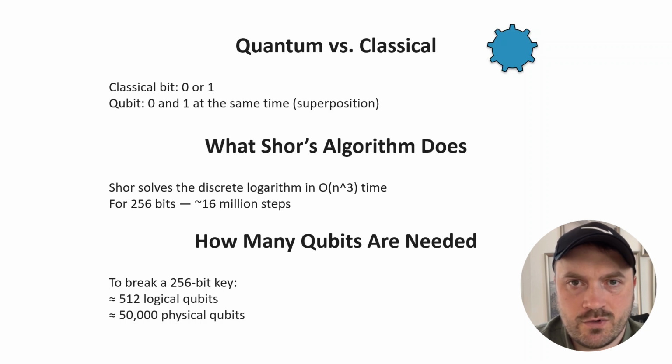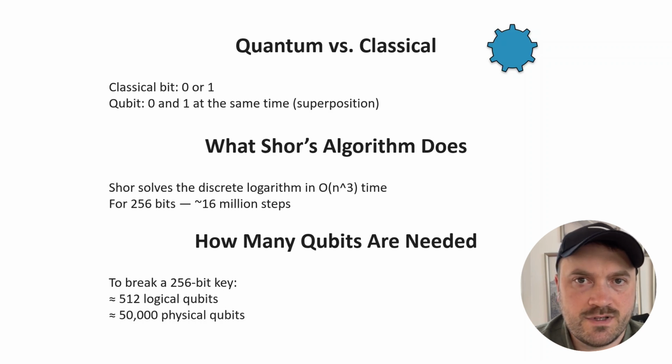Shor's algorithm solves the same problem in n to the power of 3 steps. So for 256 bits, the number of steps will be approximately 256 times 256 times 256. It's around 16 million steps. Yes, that's a lot, but it's not 2 to the power of 256.